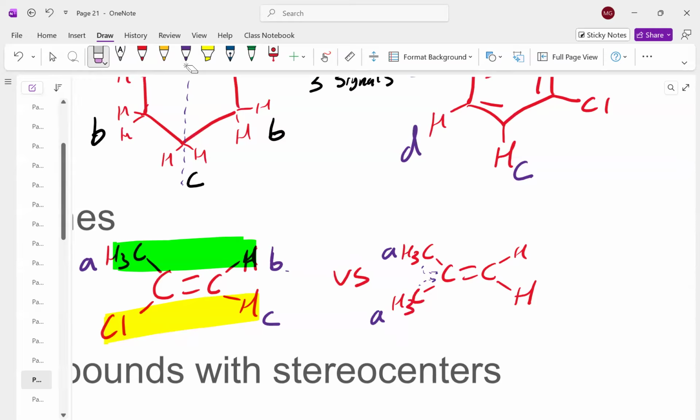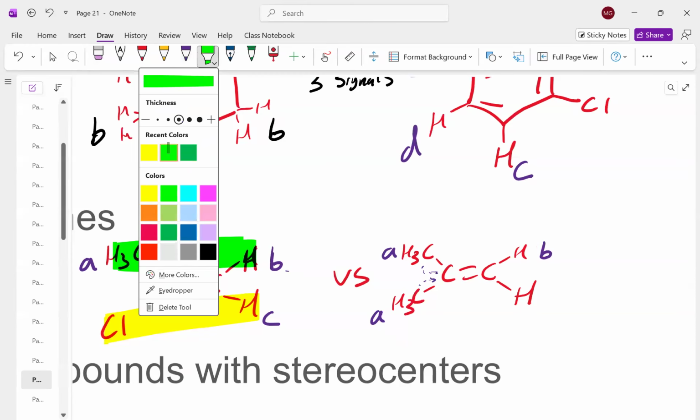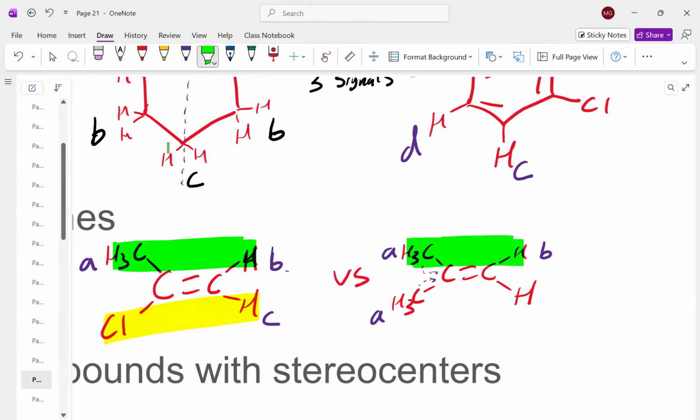Now, I don't want to necessarily hang on the trend of the previous problem. If I call this B, I need to look and see what B is always looking at. B always gets to look at the methyl group up top. Well, what is the bottom one looking at?